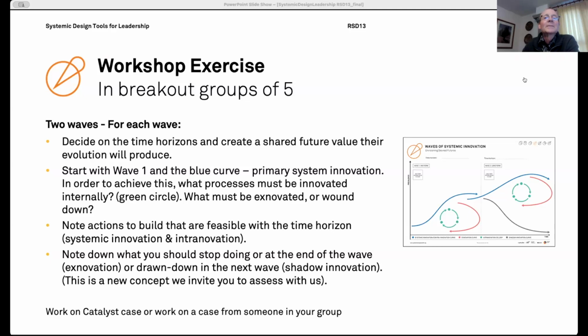Okay. That looks like it's working. There are a few people left who haven't gone into the rooms.